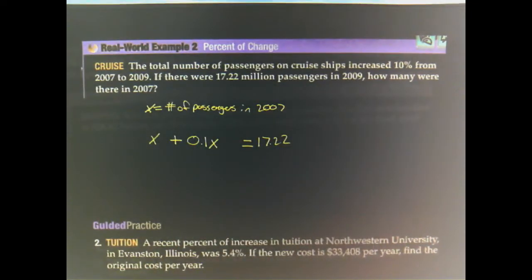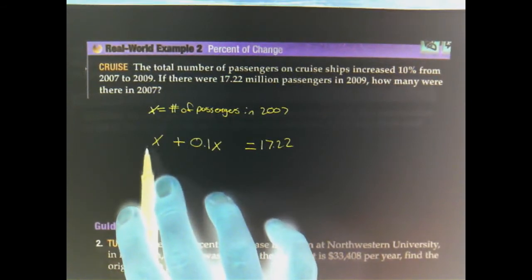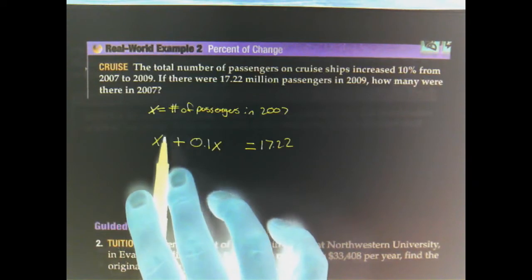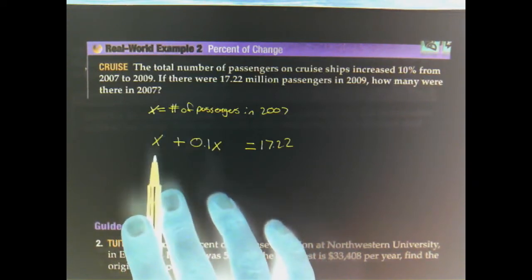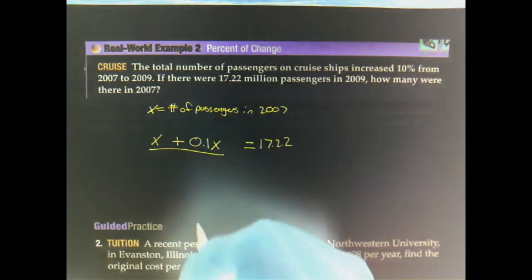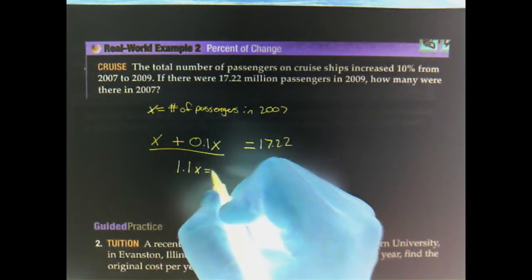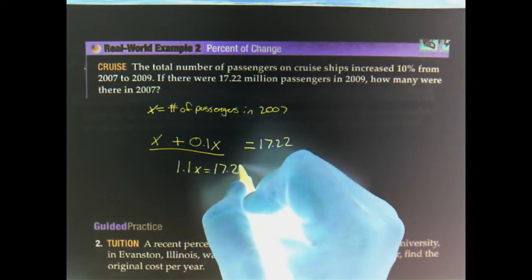Now, what I have here are like terms. I have x plus 0.1x. Our coefficient on x here is a 1. We don't write it, it's an implied 1, just like our exponent is an implied 1. So I have 1x plus 0.1x. I can add these together because I have the same variable, they're like terms. I have 1.1x equal to 17.22.